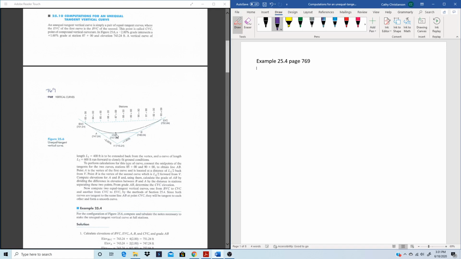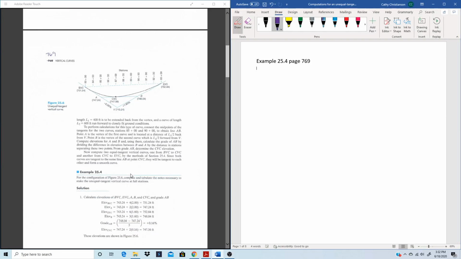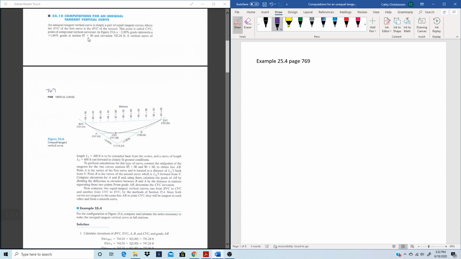So the end vertical curve for the first curve is essentially the beginning vertical curve for the second one. And then they call the point a CVC. Now the CVC station is always directly above the V station. So this particular one, the V was 87 plus 00.